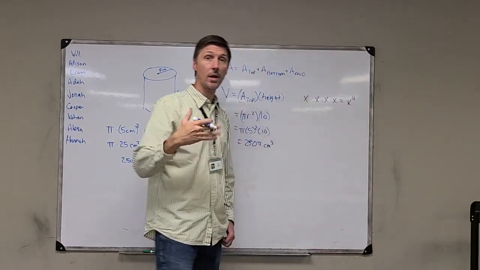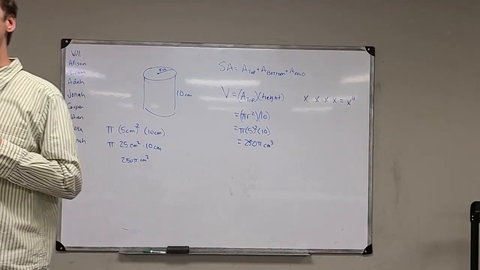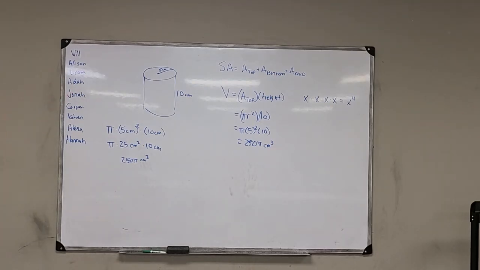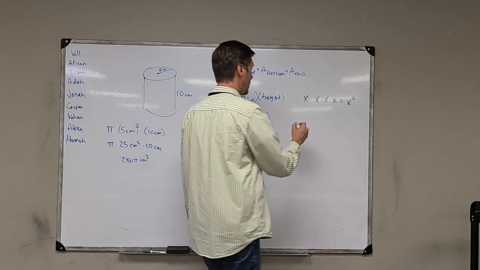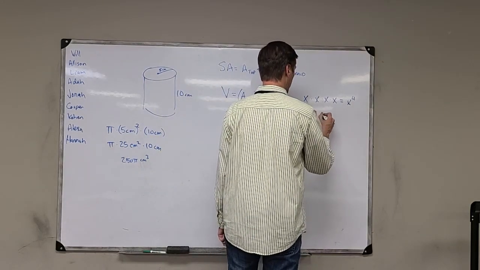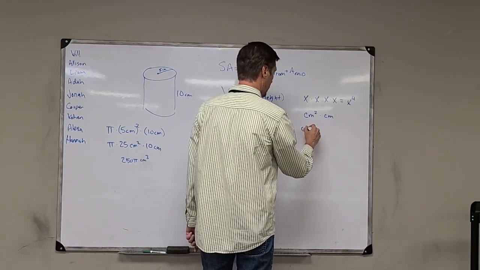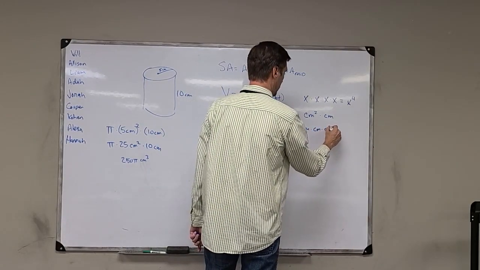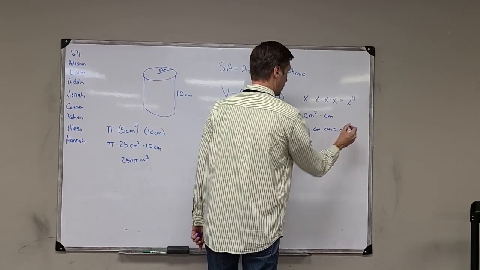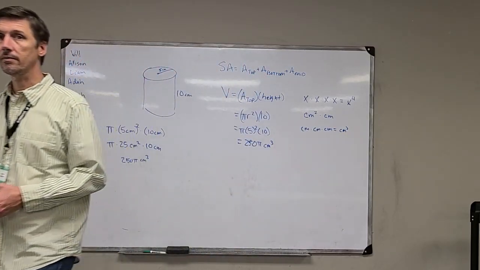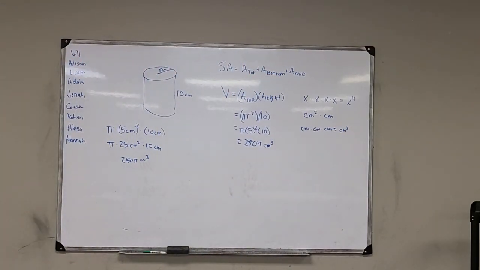Because that power means that value multiplied times itself 4 times. It's the same way with units. If we have centimeters squared, that's centimeter times centimeter, and another centimeter would make centimeter times centimeter times centimeter. And so that unit's going to be centimeters cubed. Okay? So just think of your units as variables, and it'll always be sort of clear what your unit should be.